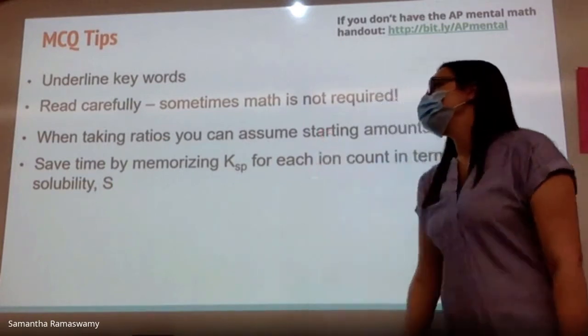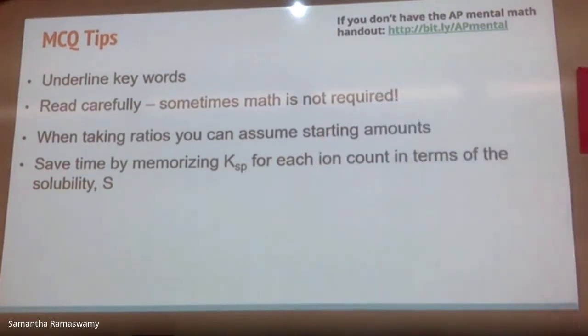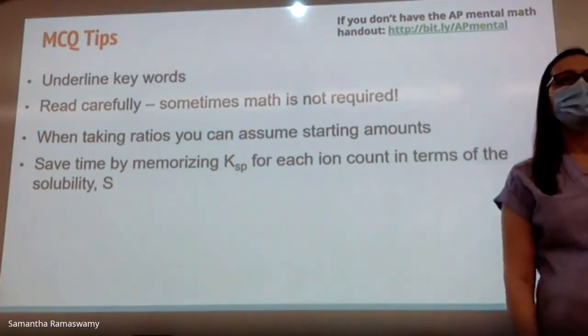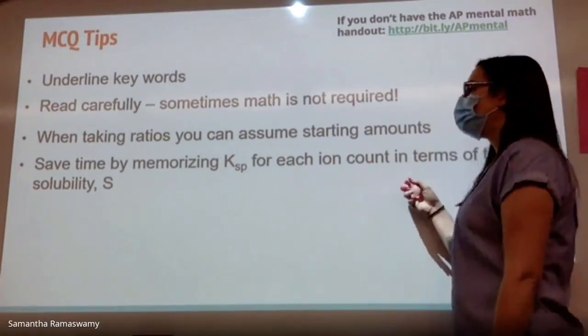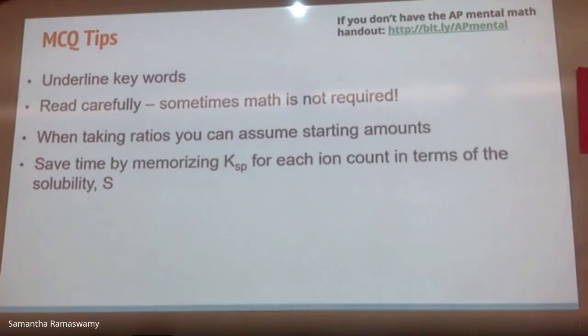If you're using ratios and it just says equal masses, you can pick the masses. You can pick the values. Start with 100 grams of each. You can pick how much you start with. And then when we look at Ksp, one teacher recommended memorizing the Ksp for each ion.